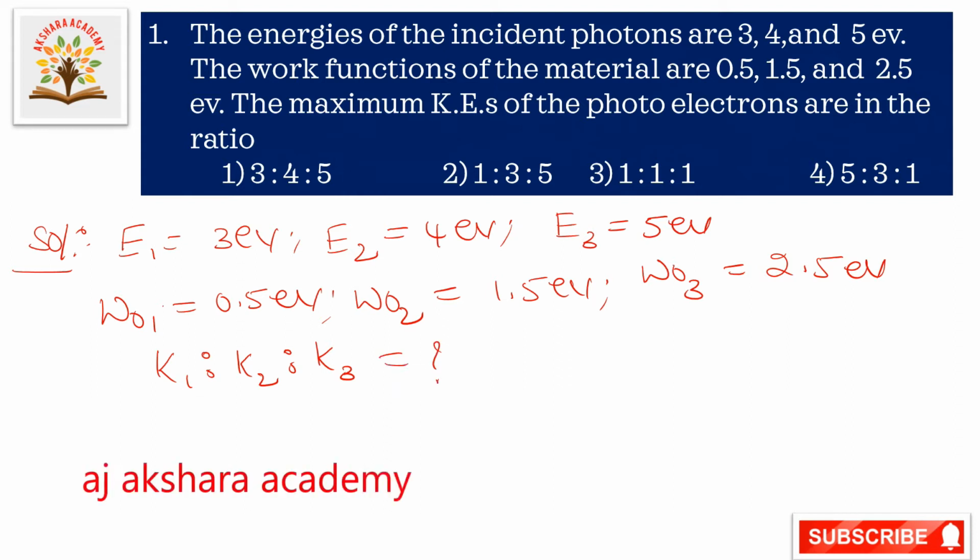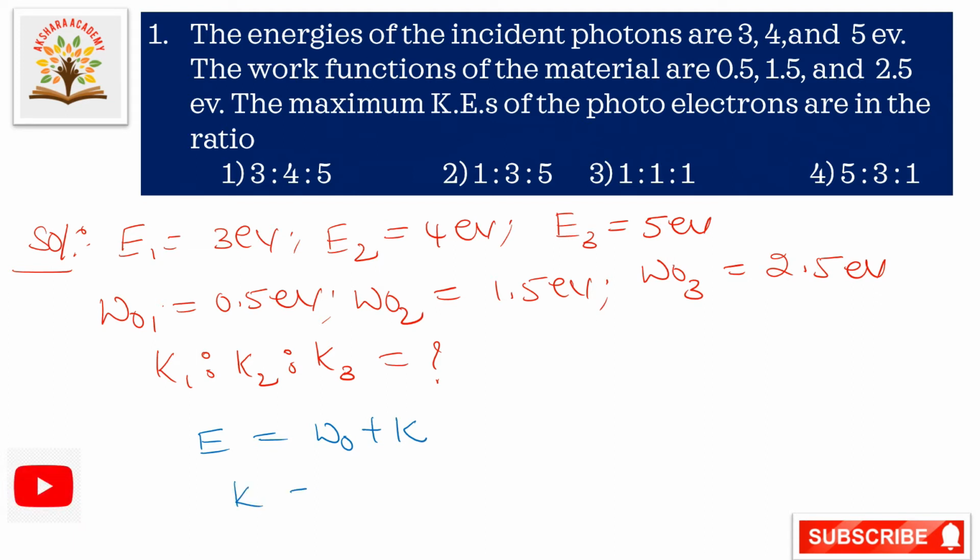According to Einstein's photoelectric equation, E equals work function plus K. So K equals E minus W naught. So the ratio K1 is to K2 is to K3, the ratio of kinetic energies, equals E1 minus the work function of the first, is to E2 minus the work function of the second, and E3 minus the work function of the third.